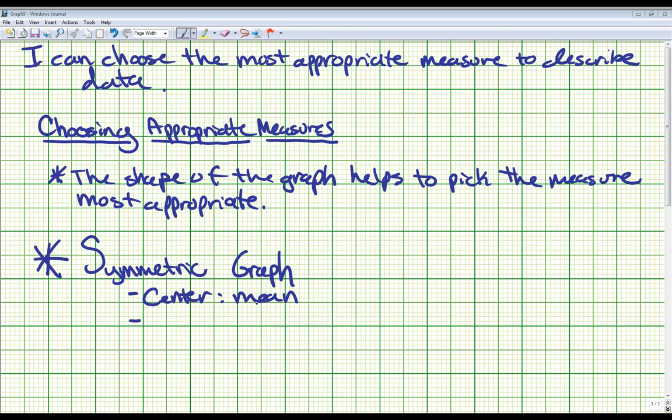The mean does a really good job of describing the center of a graph that's symmetric. If we want to describe the variation, or how spread out our data is, we're going to pick the MAD. And remember, that's an abbreviation for the mean absolute deviation. Those are the measures that we're going to pick to describe a symmetric graph.